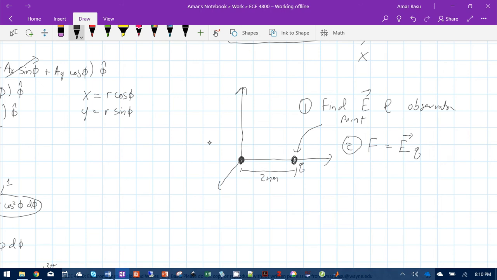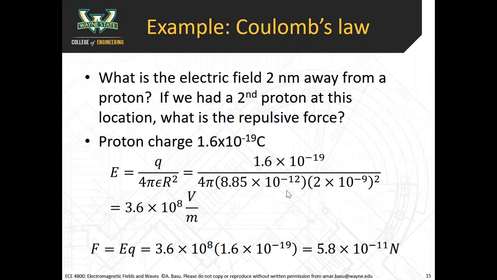In this problem, the charge here is the same as the charge here. The force is equal to the electric field times the charge, 3.6 times 10 to the 8th volts per meter, times 1.6 times 10 to the negative 19 coulombs. That gives you a force of 5.8 times 10 to the negative 11 newtons, 58 piconewtons of force.